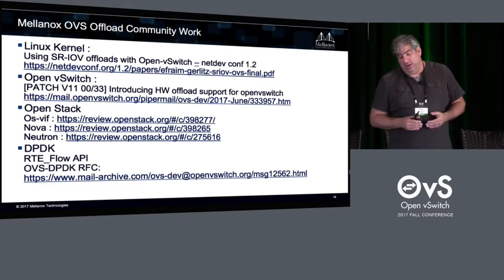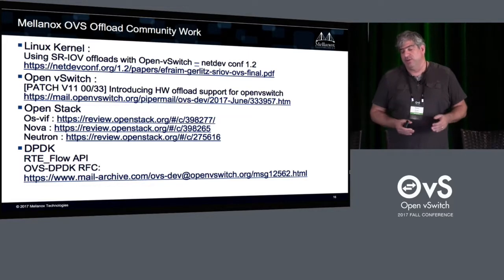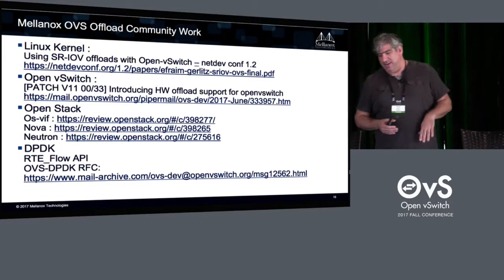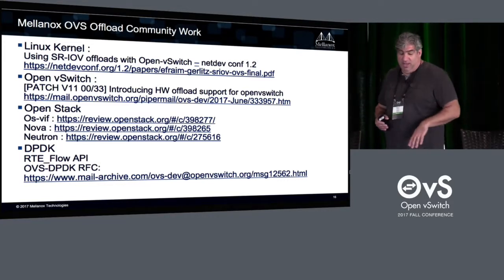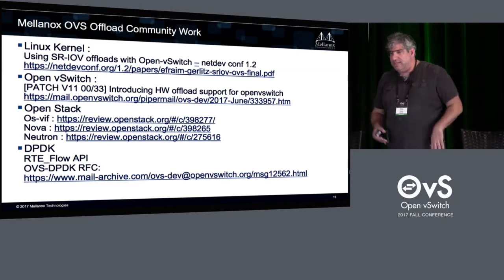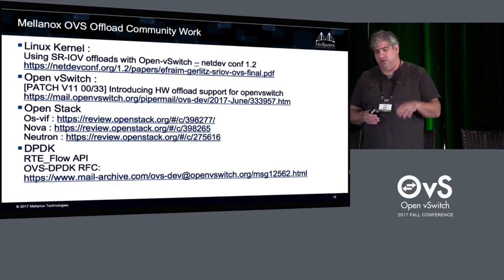So, of course, we did the work to write the code for the OVS. It's 33 patches, kind of long patches, that were submitted by Mellanox to support the hardware offload. Of course, from there are some fixes and more kinds of hardware offload that we're doing there.